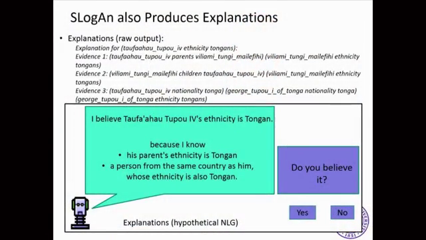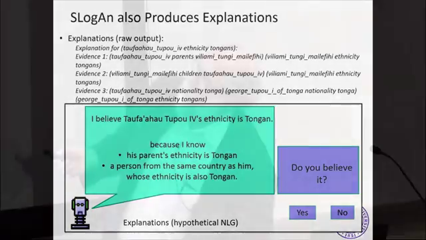Now, the other thing it gives you is explanations. You can get evidential explanations from what's in the matching, and this is deliberately chosen to not be easily interpretable. So if you had a natural language generation system to test your knowledge, you'd have a hypothesis like, well, this person is Tongan, and you ask the human yes or no, and they're going to say, right? Unless they have a lot of world knowledge, in which case, why are you learning this knowledge?